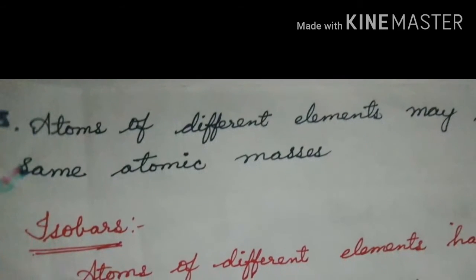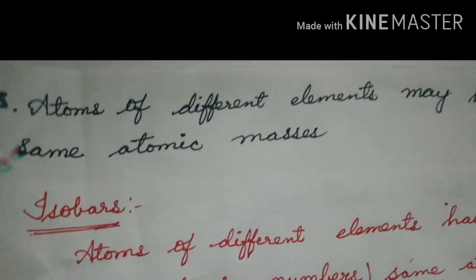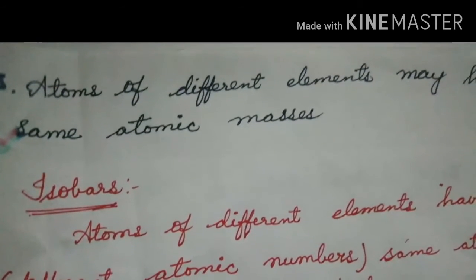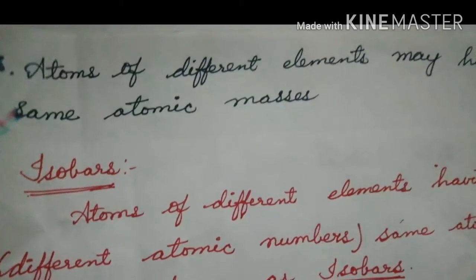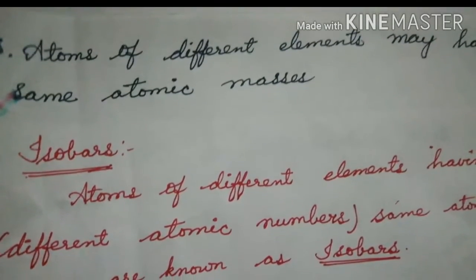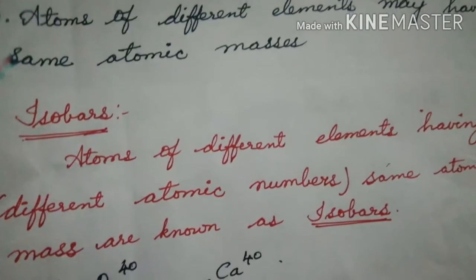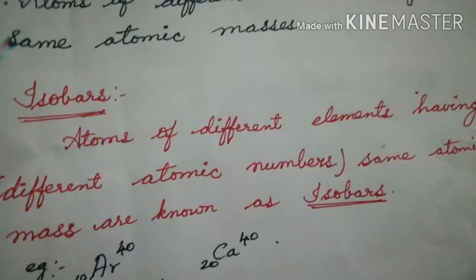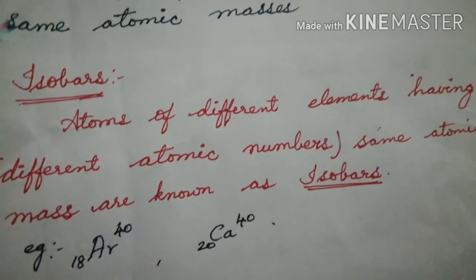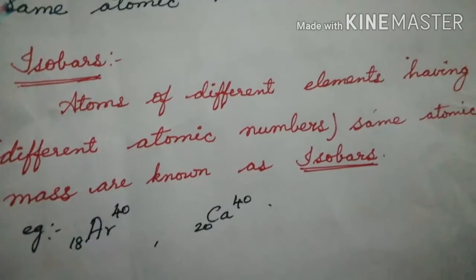This is due to the existence of isobars, where isobars are atoms of different elements having the same atomic masses. For example, argon with atomic number 18 and calcium with atomic number 20 have the same atomic mass, that is 40.